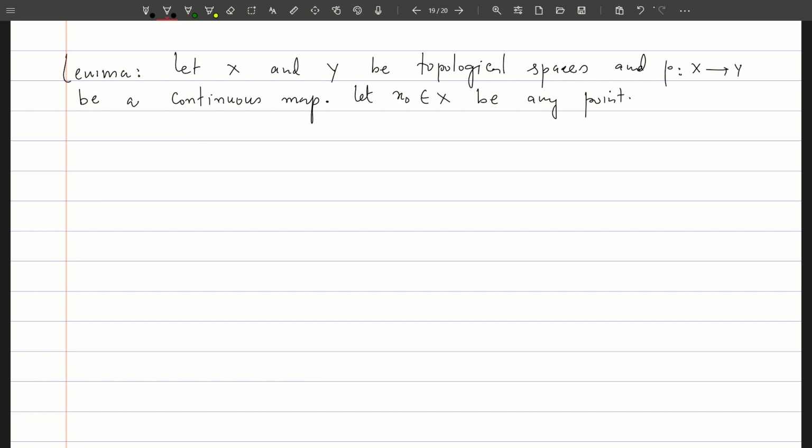Then this continuous map P induces a homomorphism.